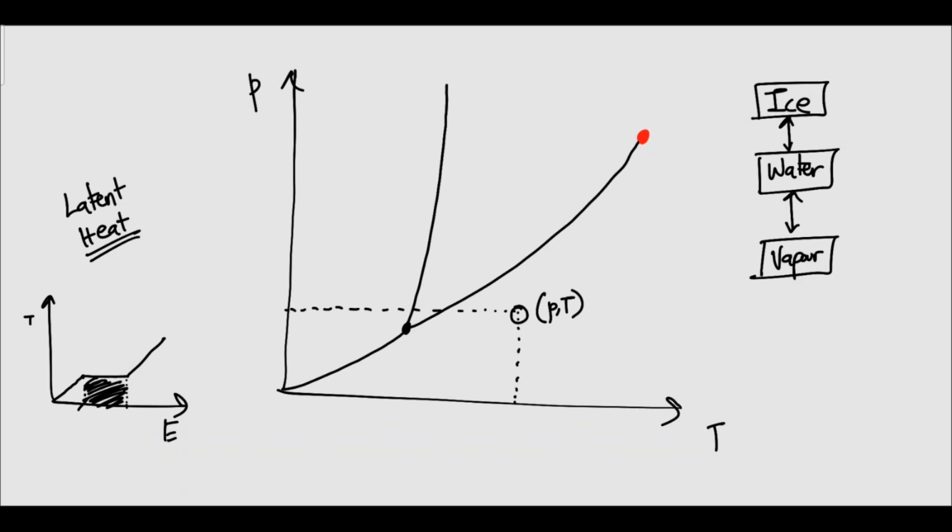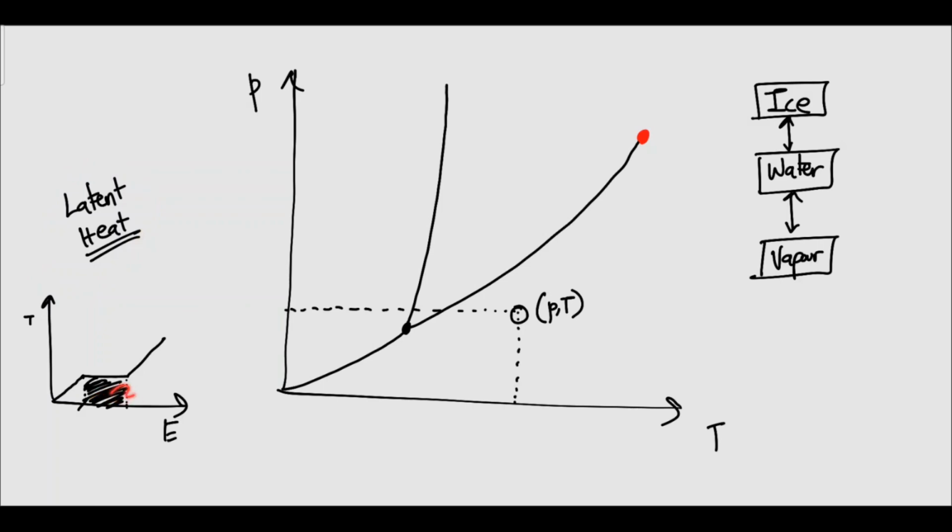We have all learned at some time in school that at some point the temperature ceases to increase, but the energy increases nevertheless. And this extra energy that a system needs for the phase transition is called the latent heat.